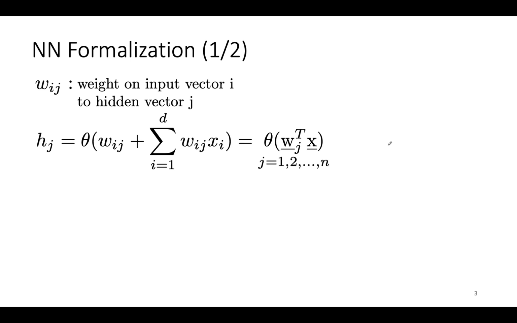We carried on defining the hidden layer j, which we call hj, as the output of the activation function theta, which is based on the w's coming from the previous layer, and its own. Actually, that was the bias weight, not the previous layer.